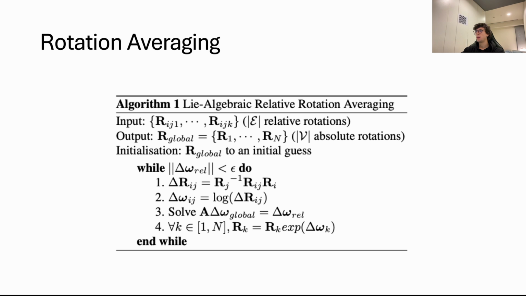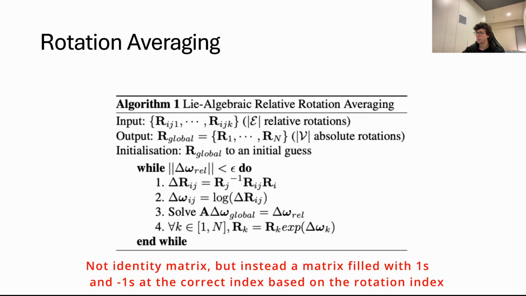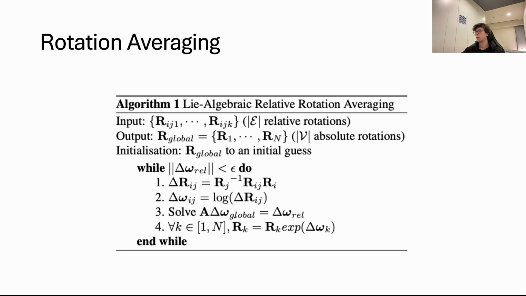And then basically, by doing so for all the matrices, they can build a linear system which equates the global rotation to the relative rotation, and of course, this is also in the Lie algebra. And then they can solve this linearly, which is quite a bit faster and more efficient. This is going to look like a sparse matrix of identities. A is going to be, and these are going to be just a concatenation of these rotations basically.